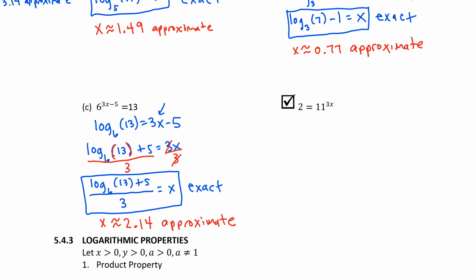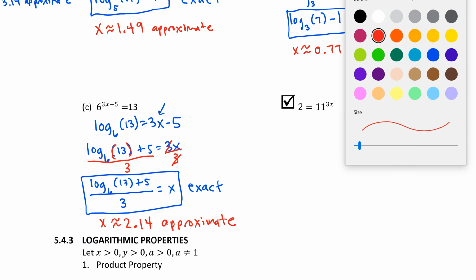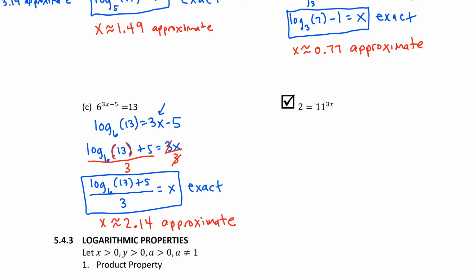Okay? One last problem. If you want to pause me and give it a try and then check back, that is a great idea. Okay. To solve this one, our exponential part is isolated, so I need to go ahead and convert to logarithmic form. Now, this one is reversed of what we're kind of used to, so I got to really think about the parts here.